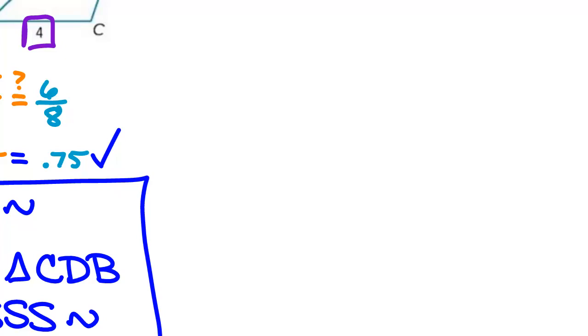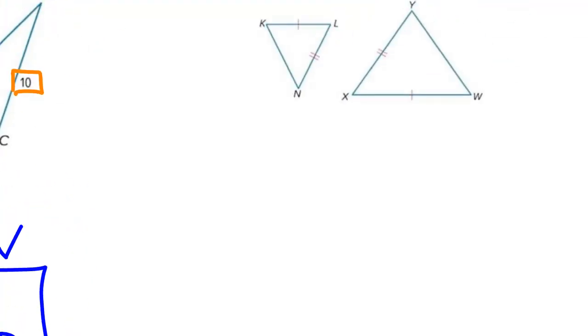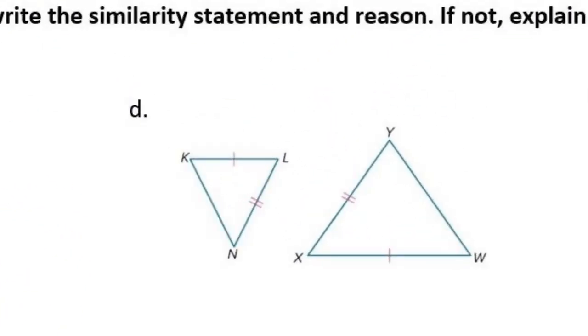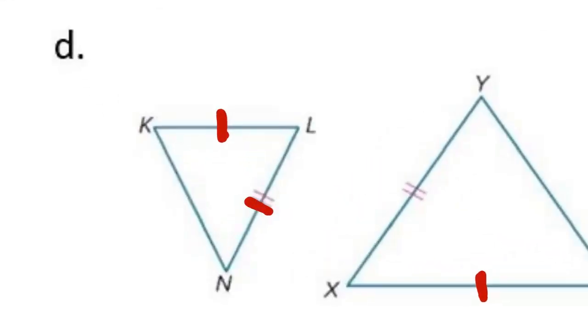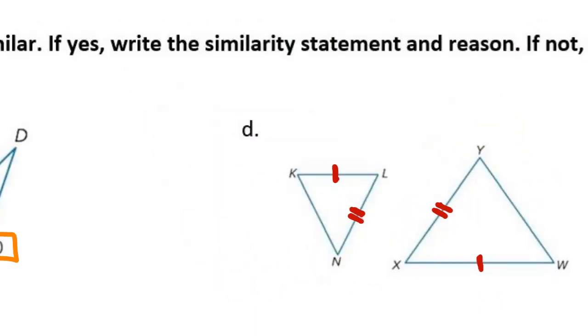Part D. I see some congruence marks here. Despite my eyes trying to deceive me, it says that KL is the same size as XW. It says that NL is the same size as XY. Do I have any information about any of the rest of the triangle? Nope, I don't know about any other angles. I don't know about any other sides.